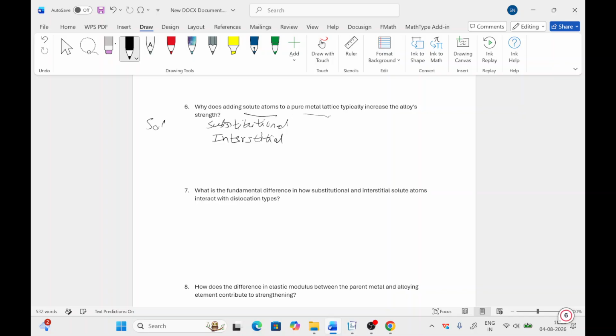Means they are of two types: substitutional and interstitial. So substitutional means the parent atom is substituted by the added, other metal atom. The parent atom is replaced by another atom.